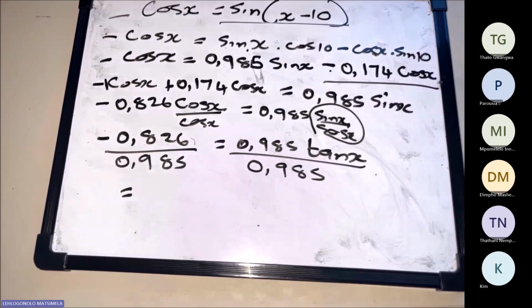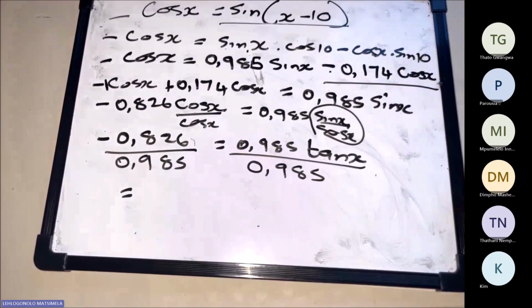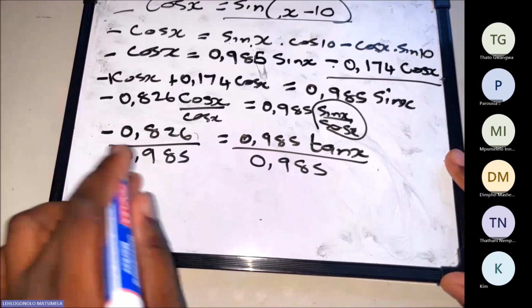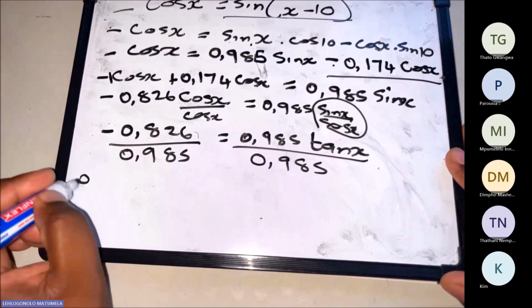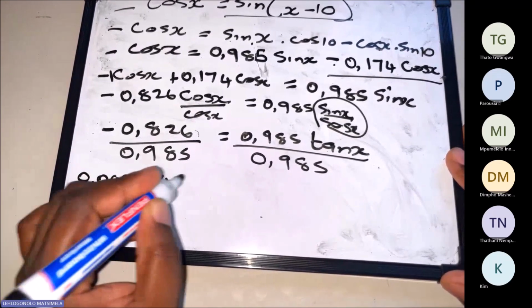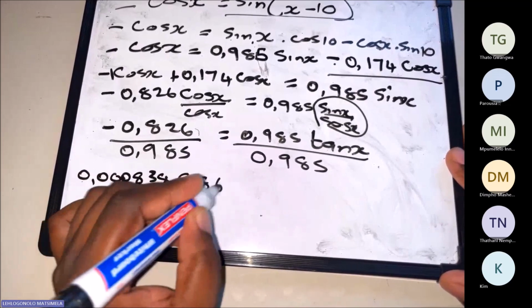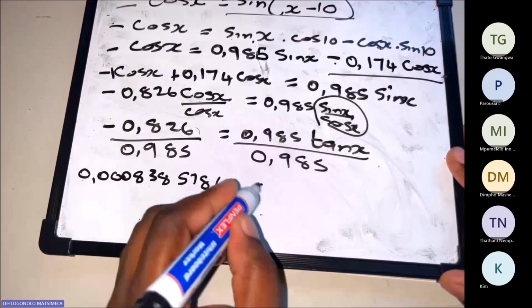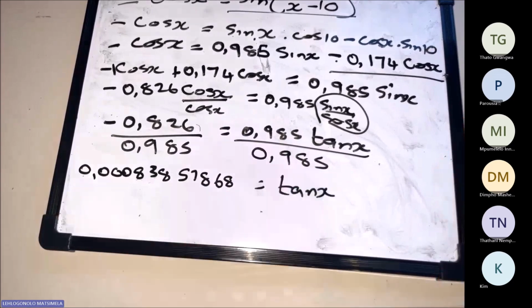What does it give us? It gives us 0.00083857868, which is equal to tan of the angle. So what will I do? I will say shift tan gives me the value.